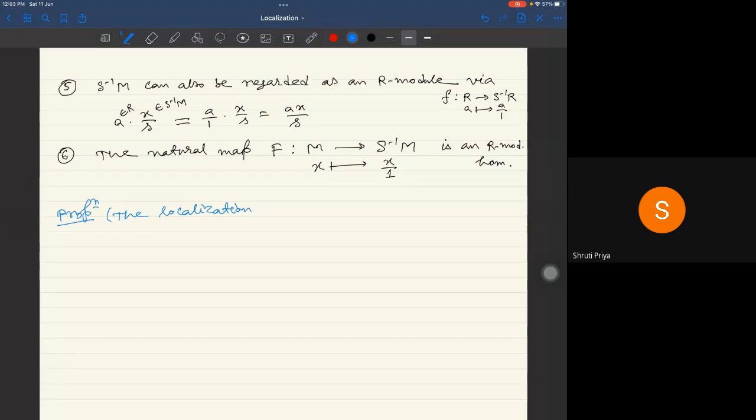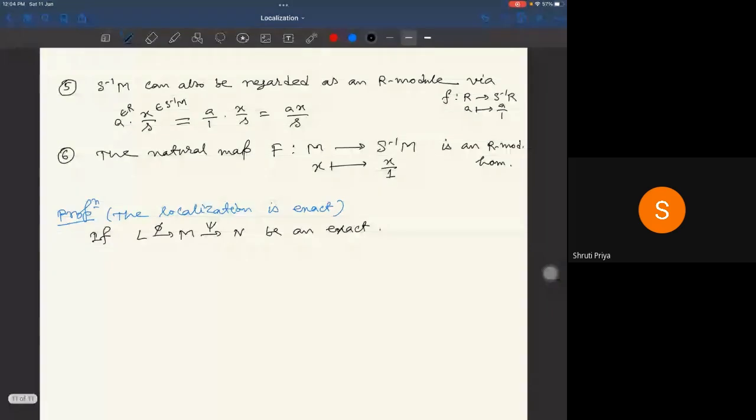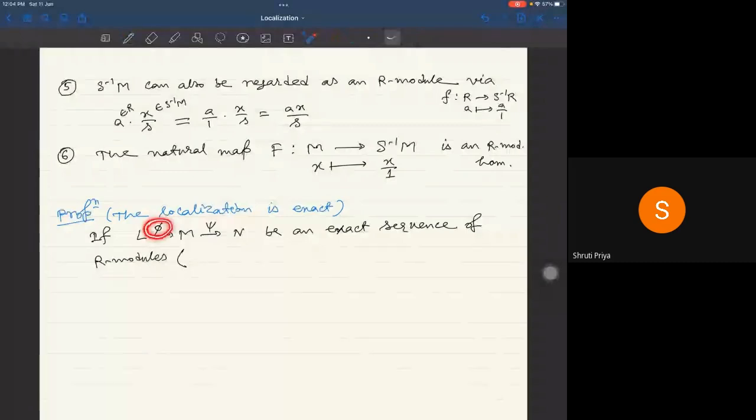So the localization is exact. What I mean is that whenever this is phi and this is psi, it will be an exact sequence of R modules. What I mean by exact sequence: here this is a sequence of two R module homomorphisms, phi and psi.